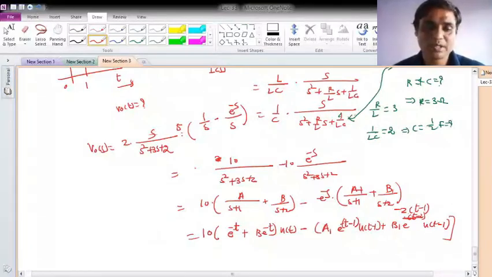This way you can compute the response, not r of t, but it was v0 of t.